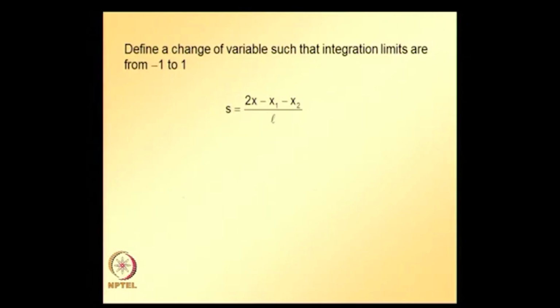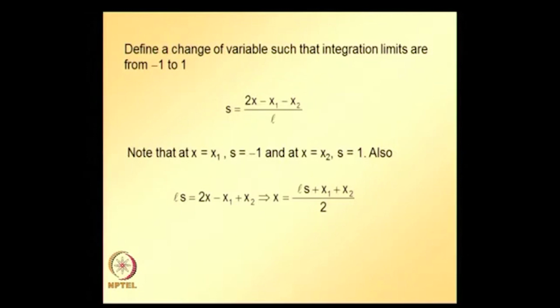In this relation, note that x is equal to x1 gives s is equal to -1 and x is equal to x2 gives s is equal to 1, and the equation can be rearranged as shown in the slide, and we get the inverse relation between x and s.